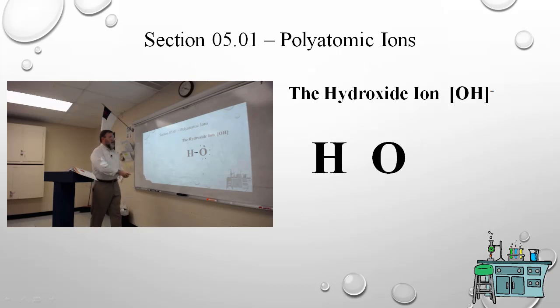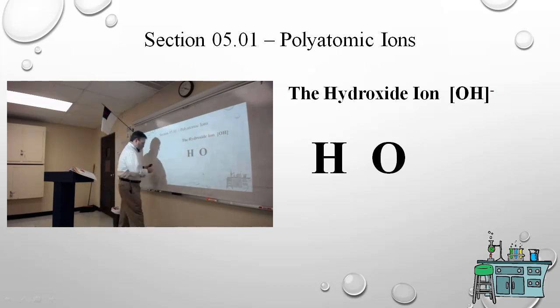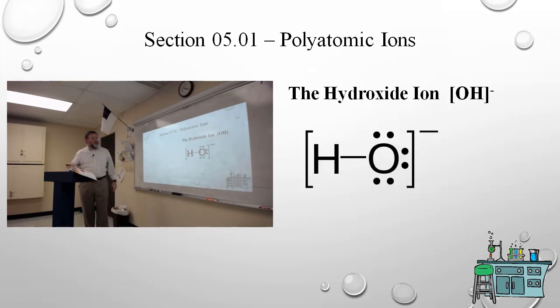And so that's why when we're talking about the OH or hydroxide polyatomic ion, we draw this structure. It's a hydrogen with a single bond to oxygen, with oxygen's octet full, meaning we had to acquire 1 additional electron to make it satisfied, producing a net negative 1 charge.